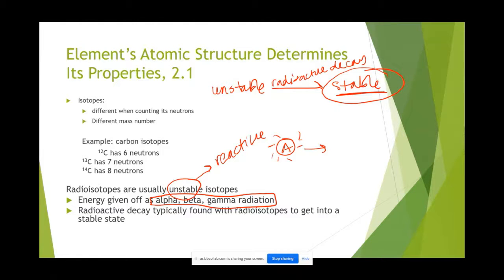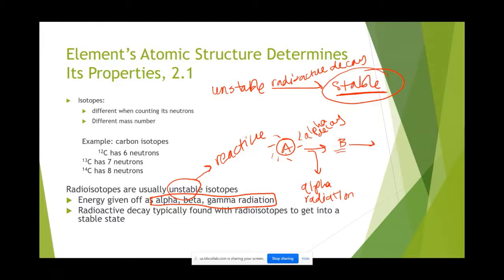If you have, then you probably know what I'm talking about. If I have A, I can make it go through alpha decay. What alpha decay is, guys, is basically releasing alpha radiation. Does that make sense? It releases alpha radiation so that you can get to product B, which is a little bit more stable than A.